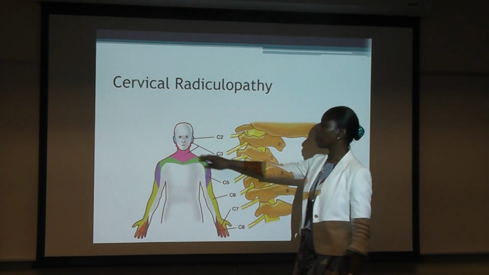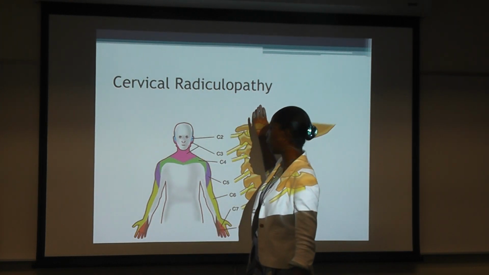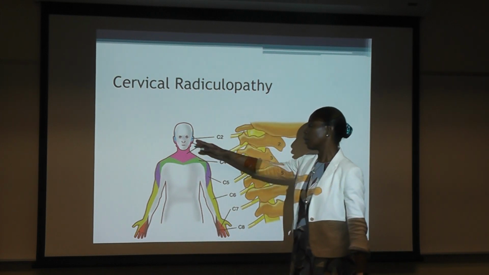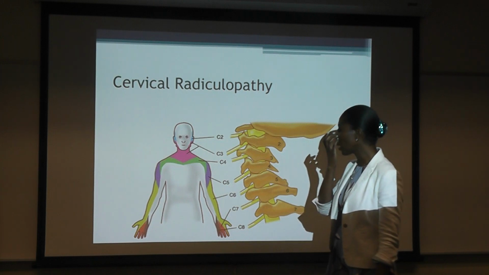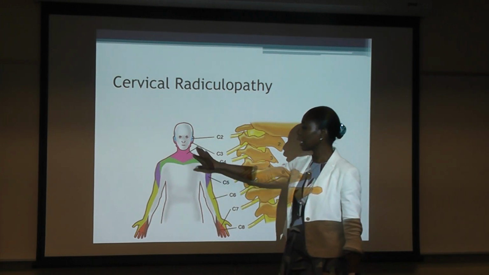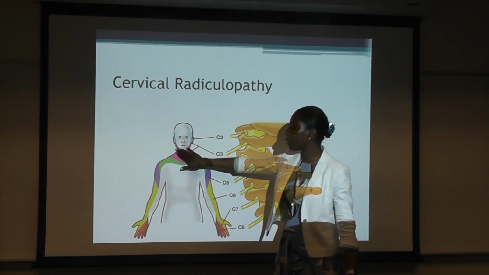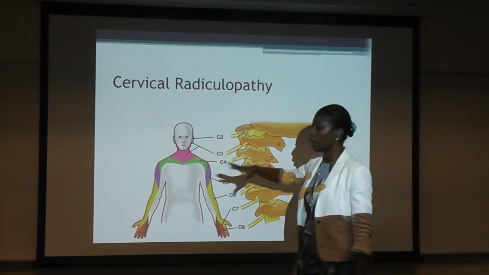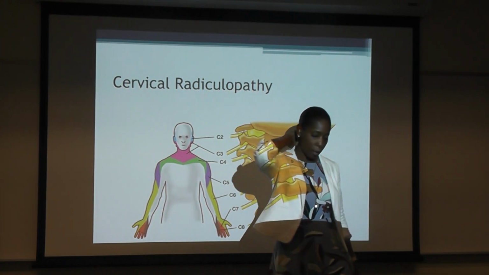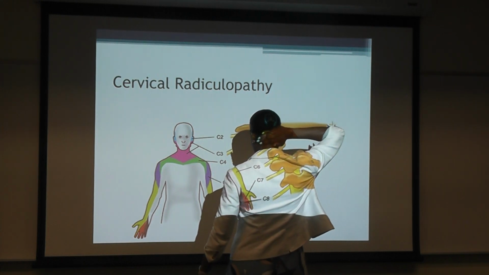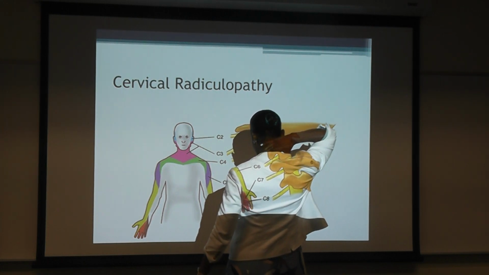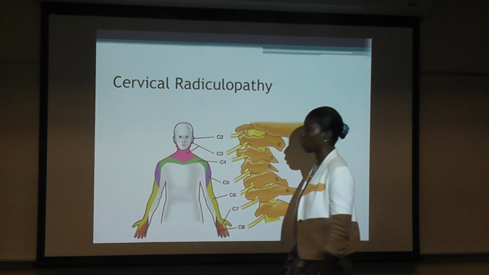So you have C1, usually you don't have a C1 irritation. C2, you don't really see that either. You can. C3, usually the pain is in the neck area, okay? So they'll have the pain in the neck, and then they'll tell you that it comes up to the back of their head. So usually it's like here, neck and to the back of the head, C3.